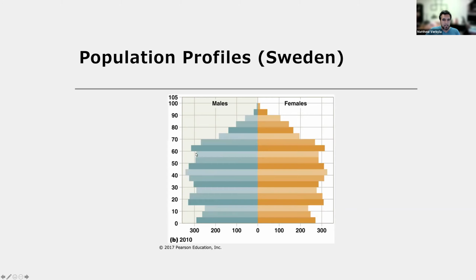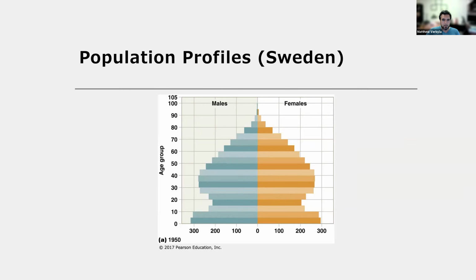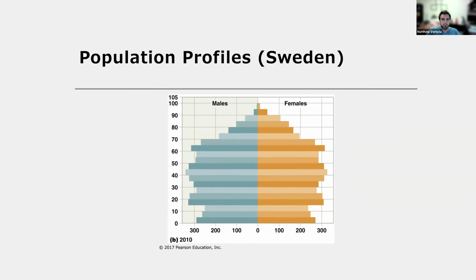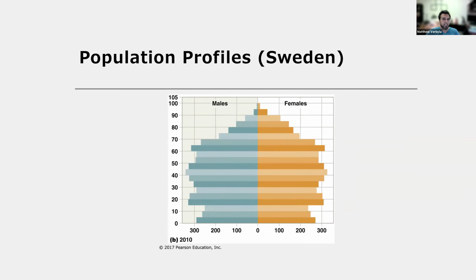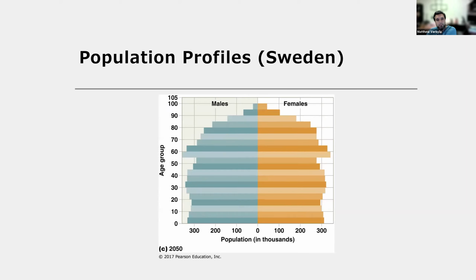By 2010, this population growth had sort of equaled out, but the shape changes a little bit, generally because you have people living older. The average lifespan was probably a lot lower in the 1950s than it was by the year 2010. All right, so you see people living up into their 60s and 70s more commonly.